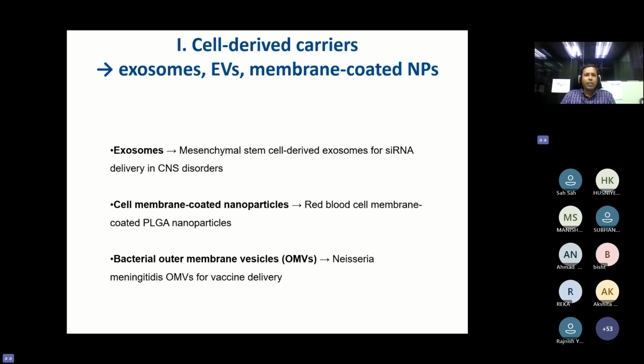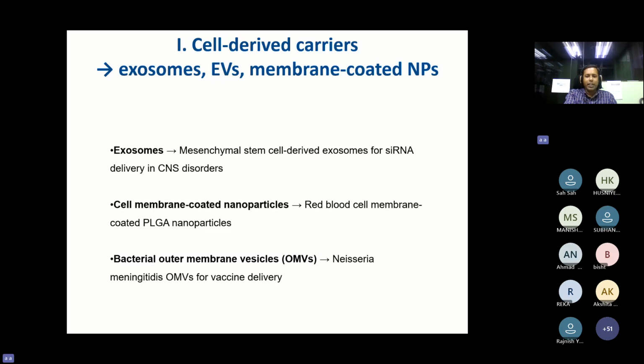I just want to share some of the existing treatment purposes that use exosomes, the cell-derived carriers. We use them for siRNA delivery to CNS disorders or brain-targeted drug delivery. Cell membrane coated nanoparticles, for example red blood cell membrane coated PLGA nanoparticles, are very commonly used.